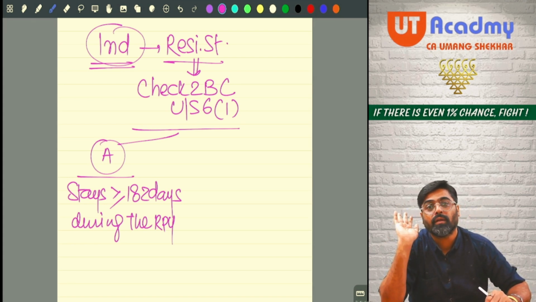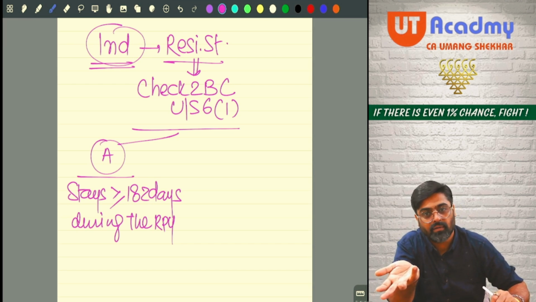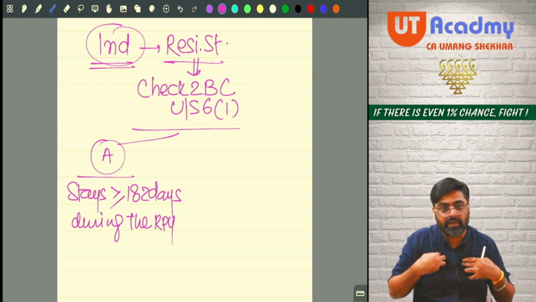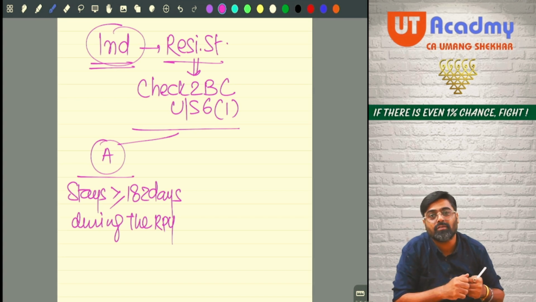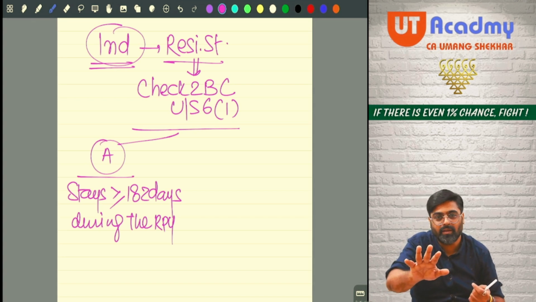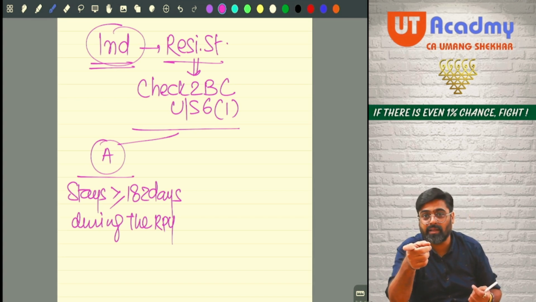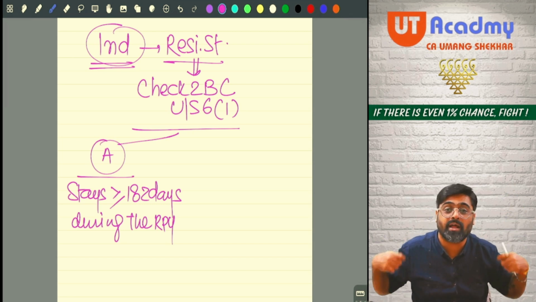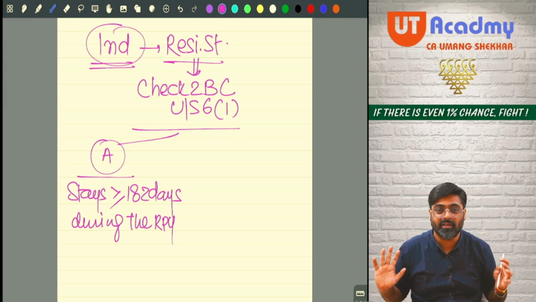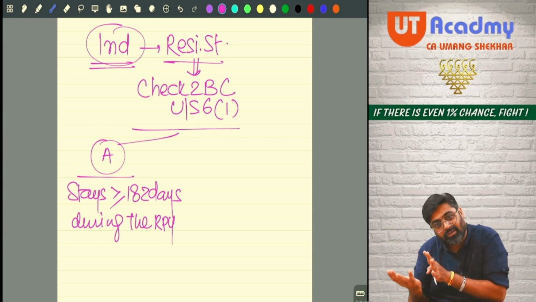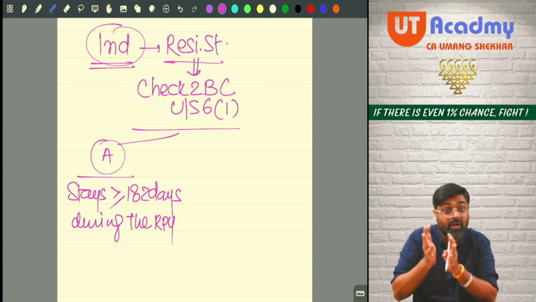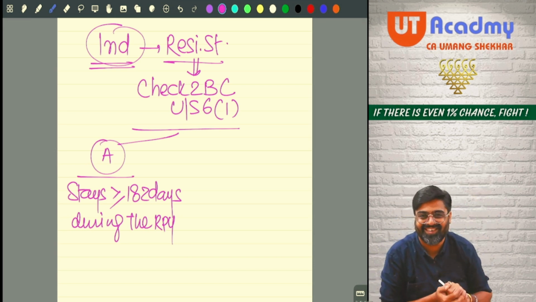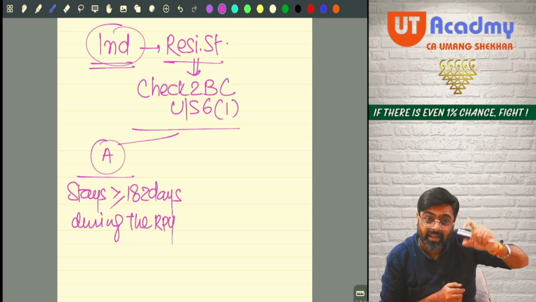But sometimes it might happen that your stay in India was less than 182 days. Don't worry. If you don't become a resident like this, we have another way to make you resident. We will always try our best to make you resident. That easy way is the second condition.